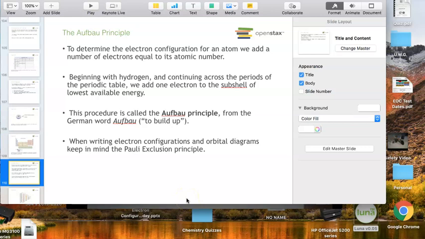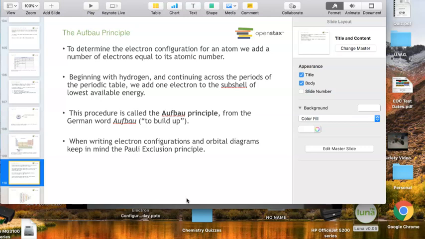All right. So the Aufbau principle, we're talking about basically building up to a point where you're adding up all your electrons. To determine the electron configuration for an atom, we need to add up the number of electrons equal to its atomic number.